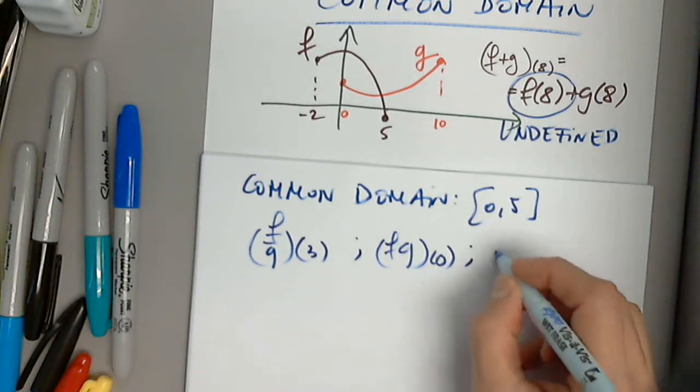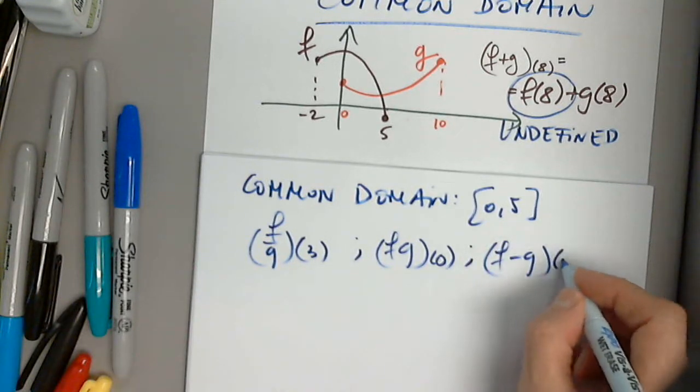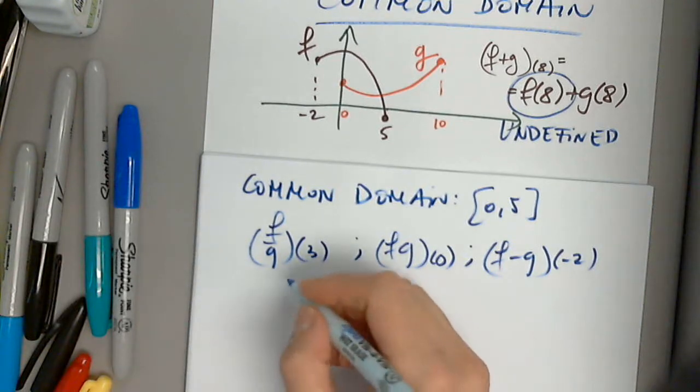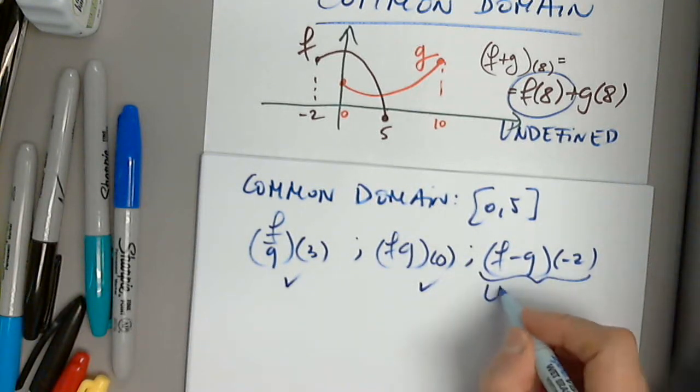But if I ask you f minus g at -2, you will say, sorry, I can't. Why? Because f is defined at -2, but g is not. So the first two work, this one does not, because the value I picked is not in the common domain. These are possible. This, undefined.